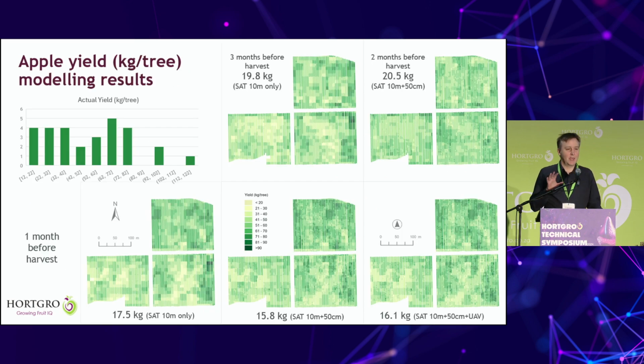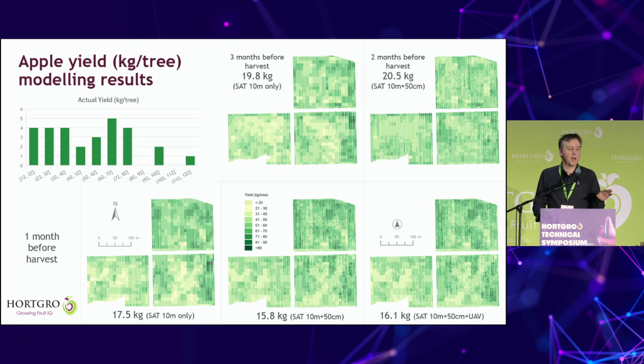And we could take that model that we developed on the 30 trees and then apply it back to each pixel, satellite image pixel and drone image pixel, to produce these maps. So the first map at the top there is 3 months before harvest, and then 2 months before harvest, and then in the bottom row is a month before harvest, actually more than a month before harvest.